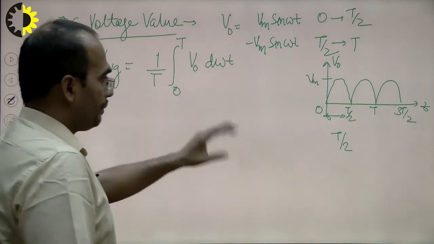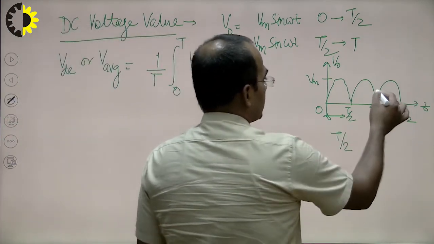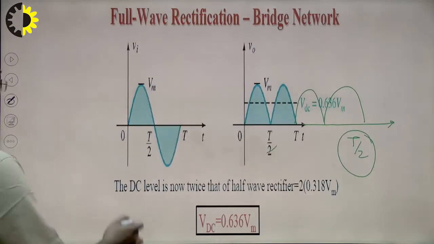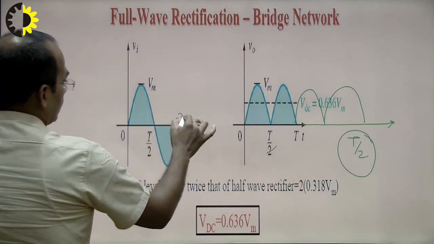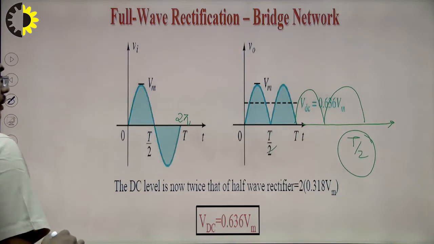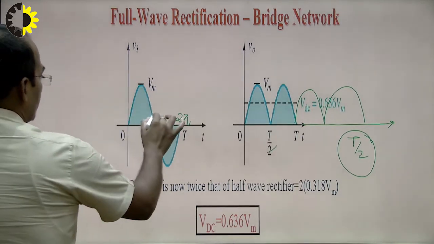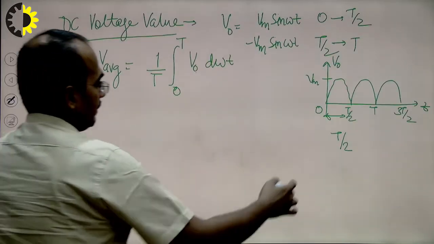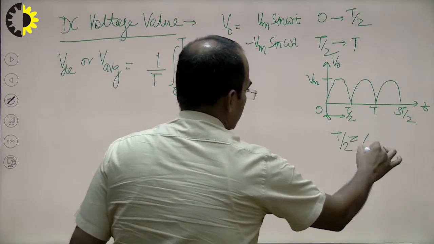Here, from the input waveform, the period of the sine wave is 2 pi, so the value of T by 2 will be pi. So T by 2 is nothing but pi.